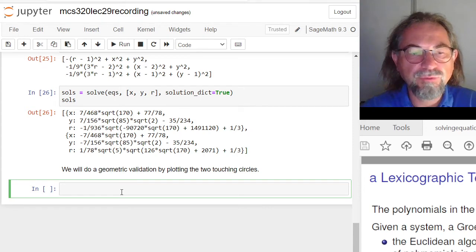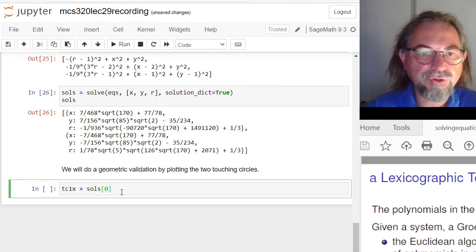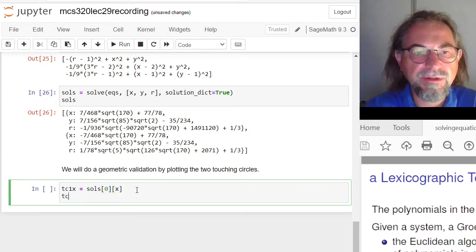So I have two touching circles. The first touching circle has a center where the x-coordinate comes from the first component, and I will select the x from it.